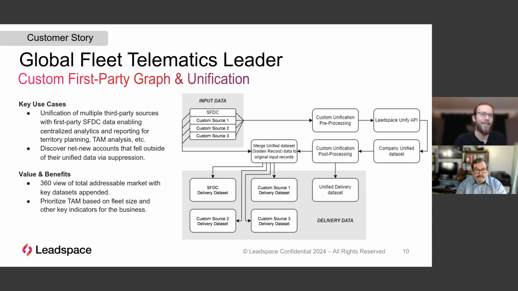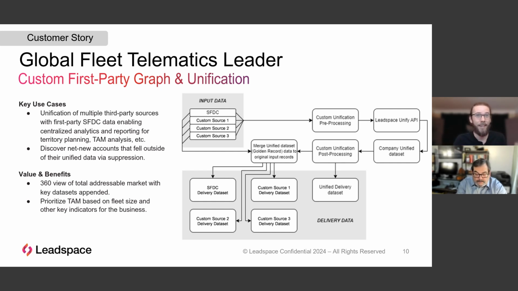And again, this is something that's extremely, extremely flexible. So if you're running into challenges with trying to understand, say, your total addressable market, trying to do territory planning, because you have so much data spread out across, whether it is just different data sources, like in this use case, or whether it is different distributed departments and organizations, different arms of your company that all sort of do their own things different ways.